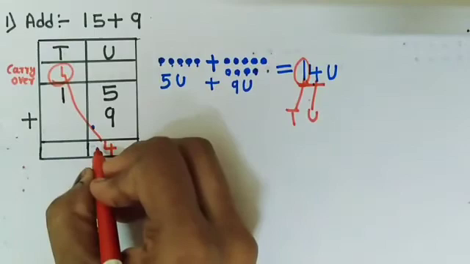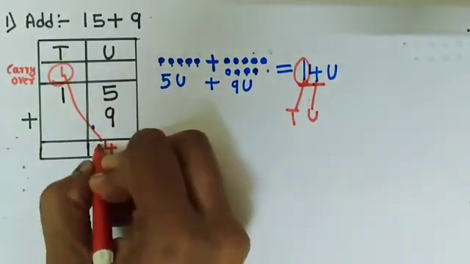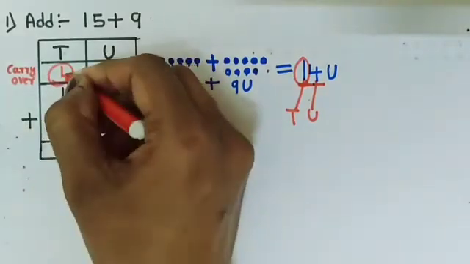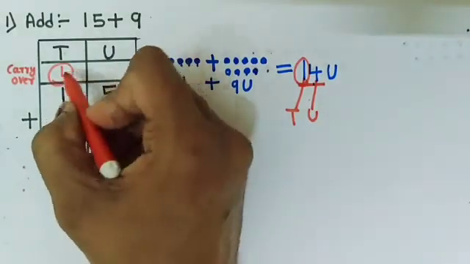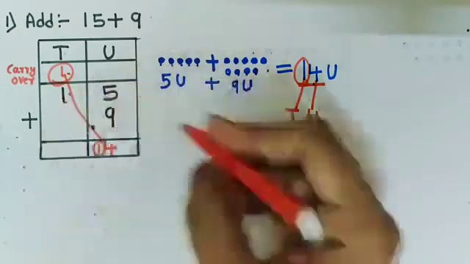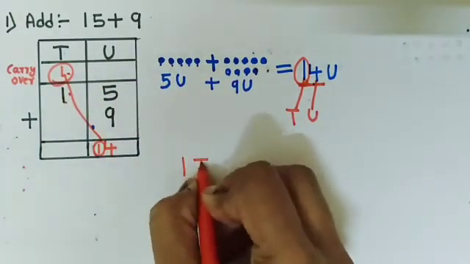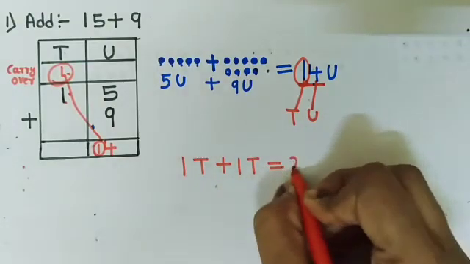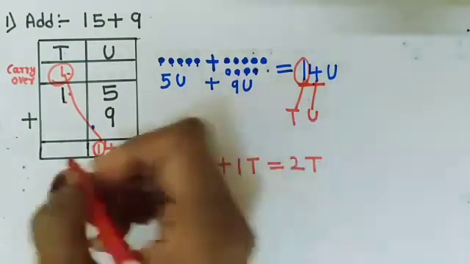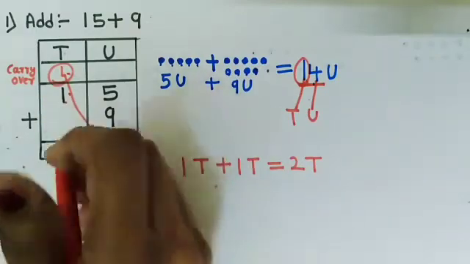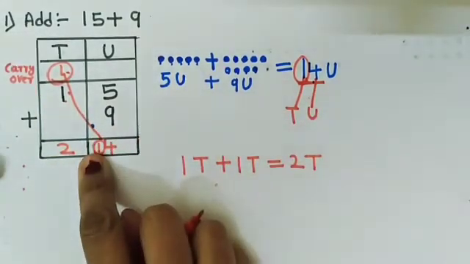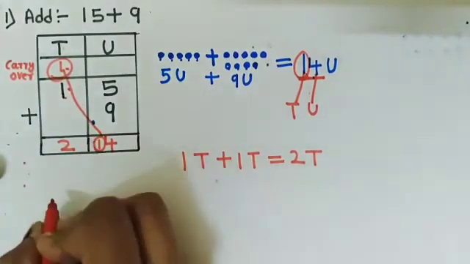Now I will start counting from the tens column. What is 1 plus 1? 1 ten plus 1 ten means 2 tens. Yes? So I will write in the tens column 2 tens. So tell me children, what is the answer?